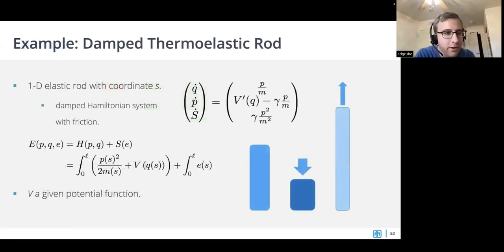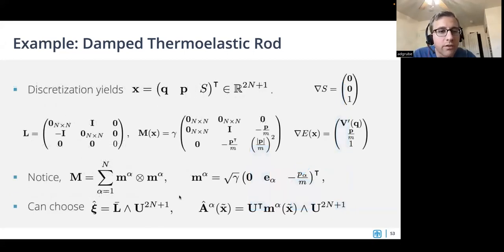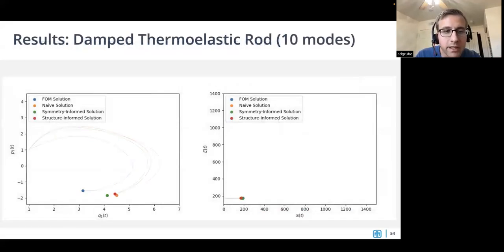And just to finish my talk, I'll show you one more example, which is a 1D elastic rod that depends on some continuous parameter, which I semi-discretize to get a reduced model. And here's essentially how we build the metriplectic system. I want to show you what it looks like if you apply this metriplectic model reduction.